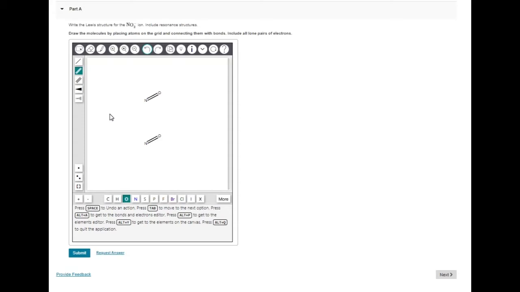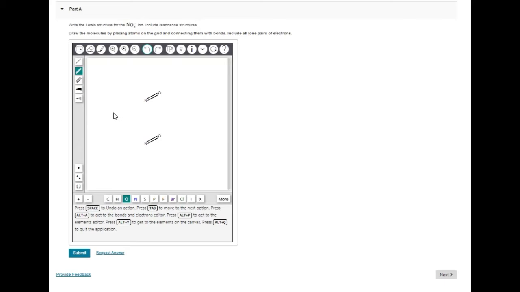I don't see how to rotate. Anyhow, we'll do the best we can. Looks like that's undo, redo. So let's do the best we can here with what we have. That is kind of what always happens when I use this, it's kind of ugly.